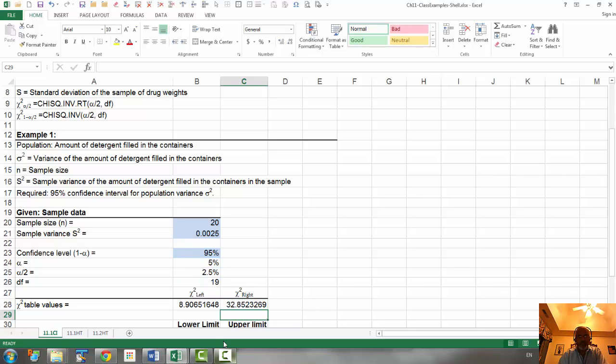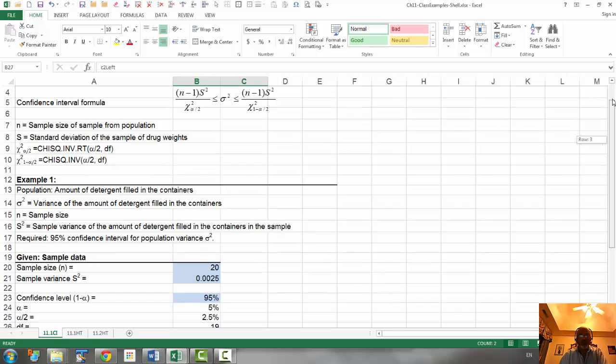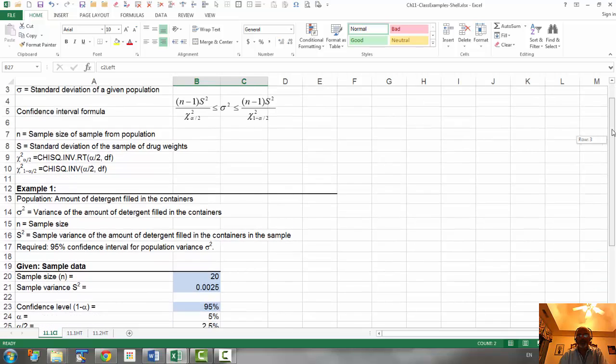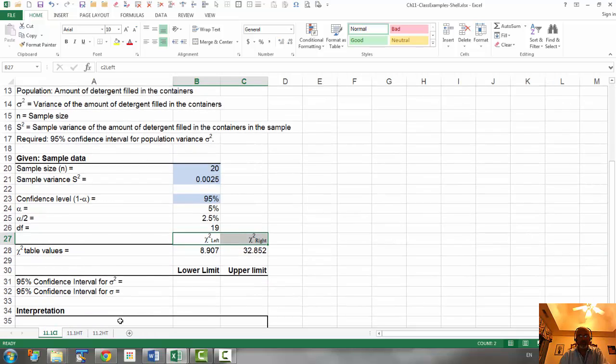That gives us the right side chi-squared value. Now we apply the chi-squared values in the formula, so we will have the confidence interval for variance first.